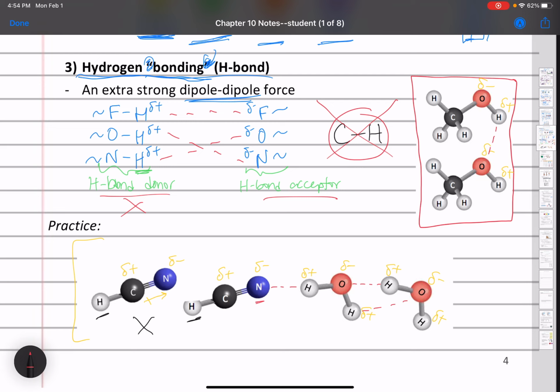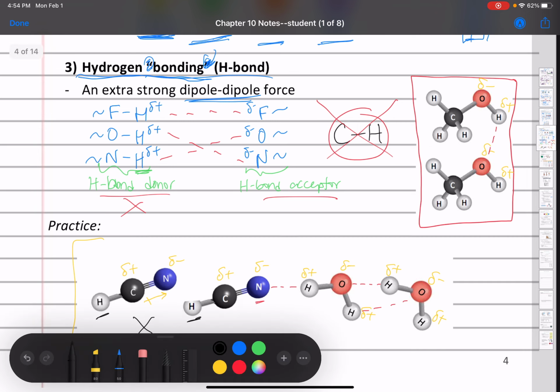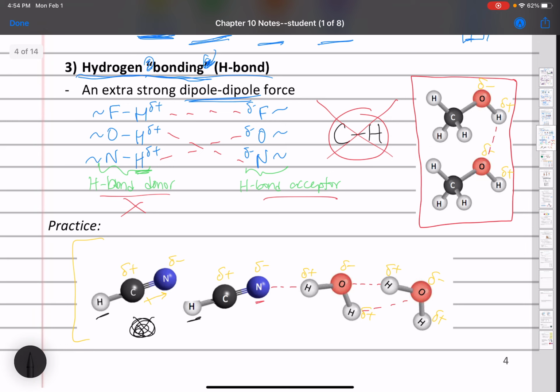So you can have hydrogen bonding between 2 molecules of the same kind, and you can have hydrogen bonding between different types of molecules. And there are some types of molecules that don't have the ability to hydrogen bond with themselves because they don't have a hydrogen bond donor, all right, but they can hydrogen bond with other things because they have a hydrogen bond acceptor, an F, O, or N.